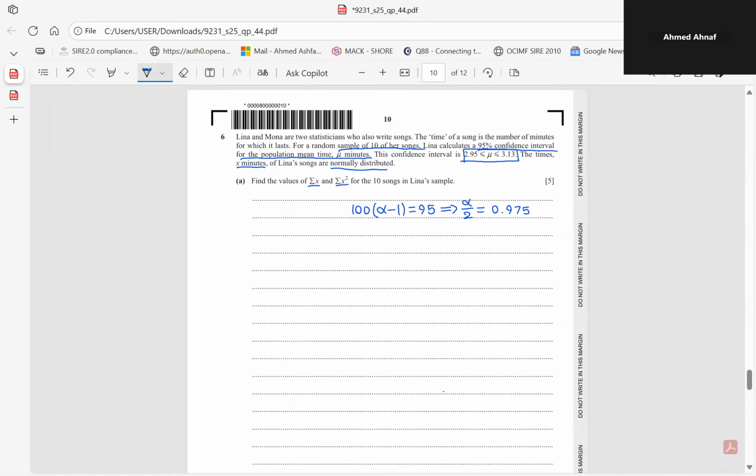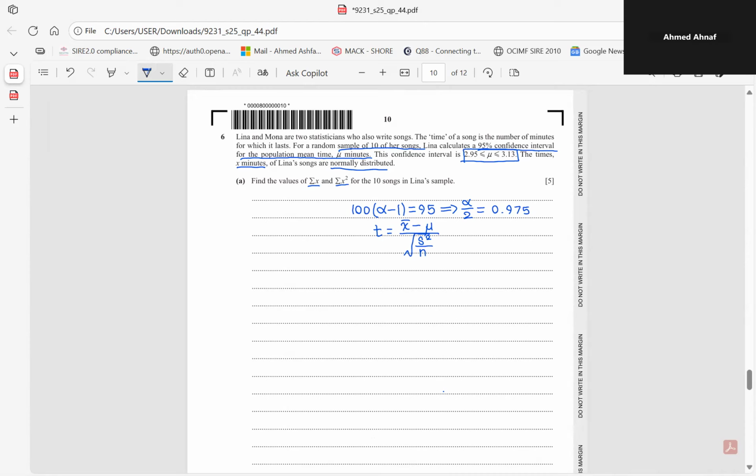To get the confidence interval formula, we take our t formula, the test statistic formula. We're using the t-test because the sample size is pretty small. So t is x bar minus mu over the standard error, which is the variance over the size, square rooted.